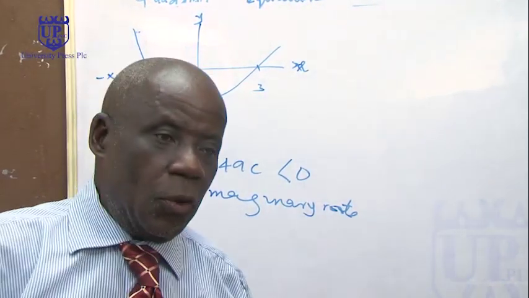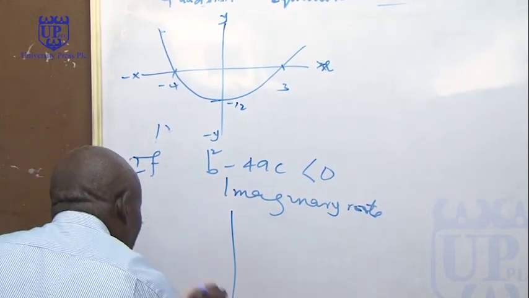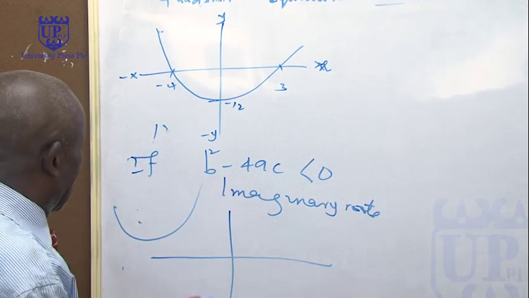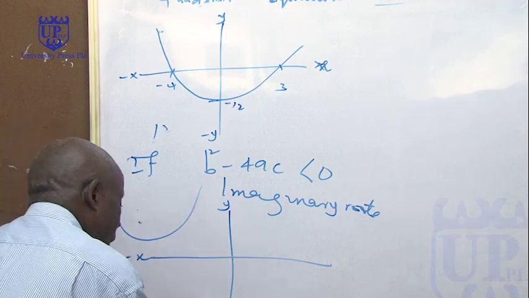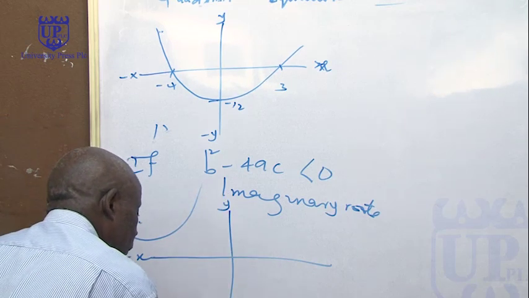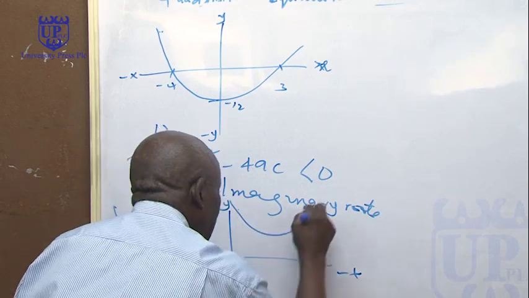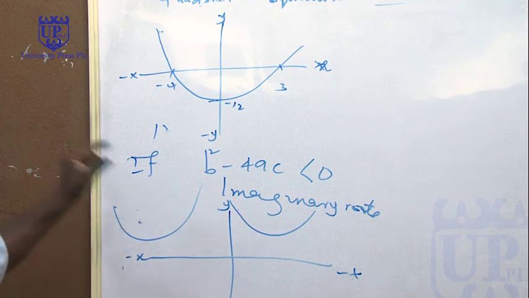It is not possible. The graph of that type looks like this. When you have a graph that looks like this, it doesn't cut the x-axis. Or something like this. You can't find values of x. You can't find the roots. That is imaginary root.